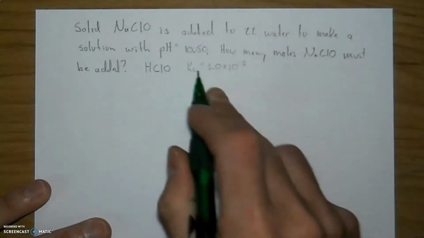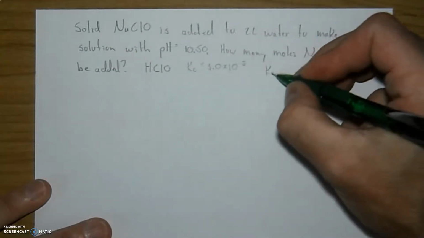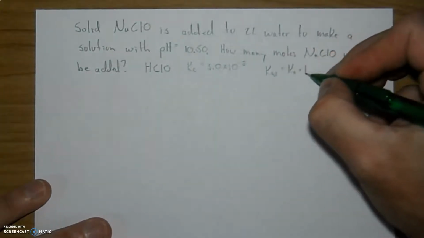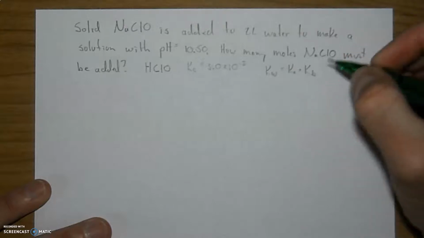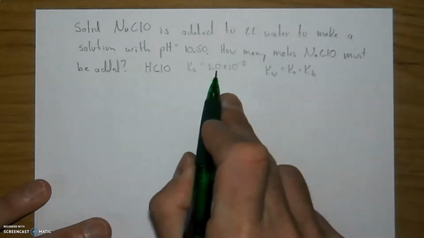And because I have this value, based on what we were talking about before, Kw is equal to Ka times Kb. So again, this is the true acid that I will find in the book. Here's its value.